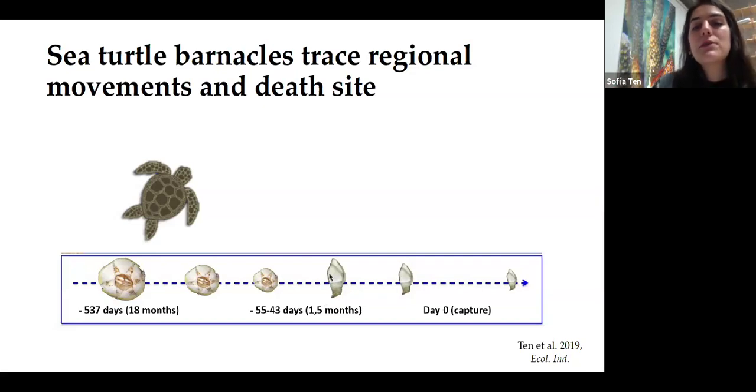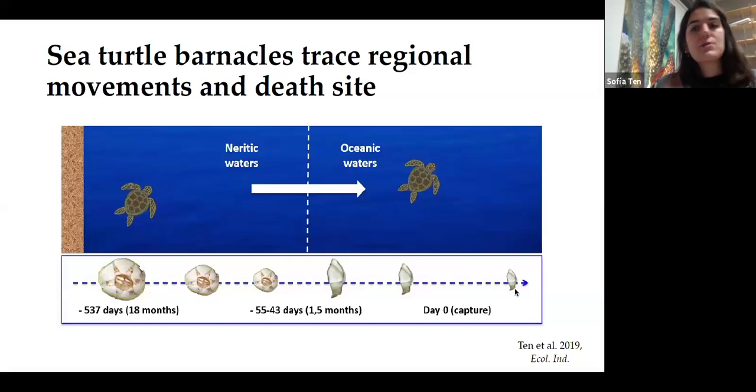And then we also found a really nice gradient of sizes from larger ones, about a month and a half old, to really small ones, indicating that they had attached on the turtle just before we had access to this turtle. So by this, we could reconstruct this movement, these ecological patterns of the sea turtle, of course, with some range of error, but in this case, it was a really good estimate because this turtle had a lot of barnacles and the size gradient was really fine.